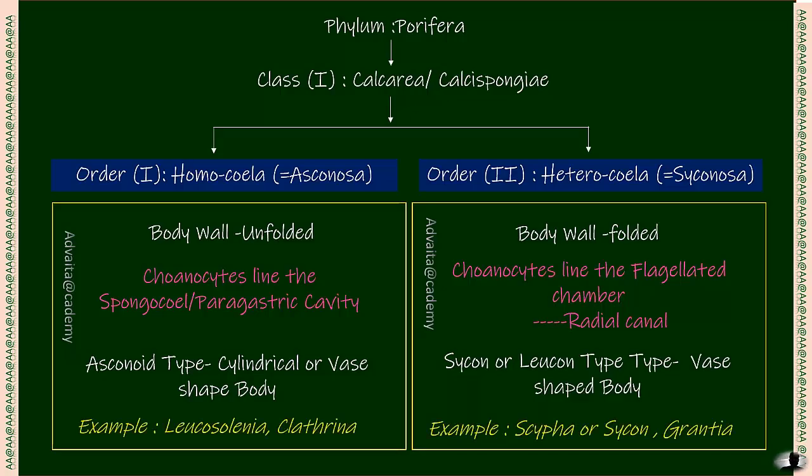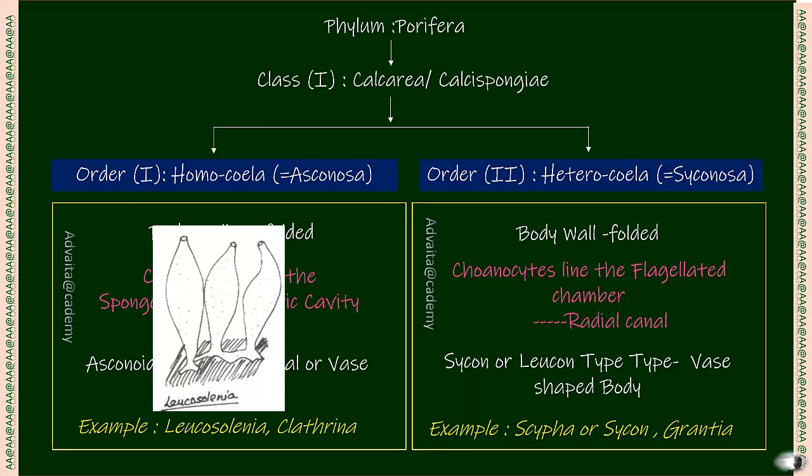That's why we have the example Leucosolenia. Leukos means white; white tube-like structures are there in Homocoela. It is often asked what type of canal system is present in Leucosolenia. Will you take the leuconoid type? No, there is an asconoid type of canal system.